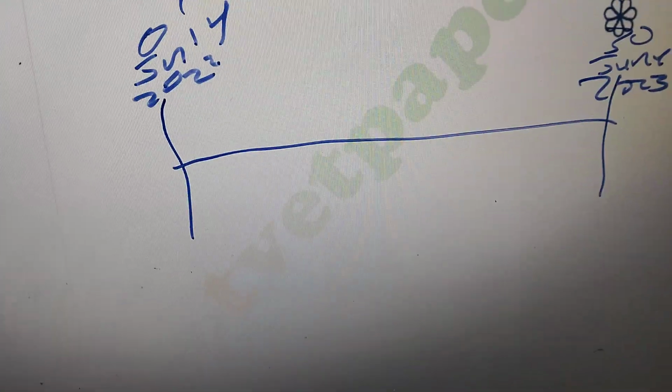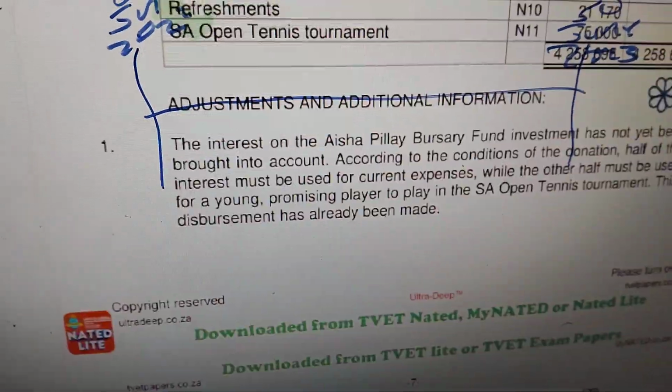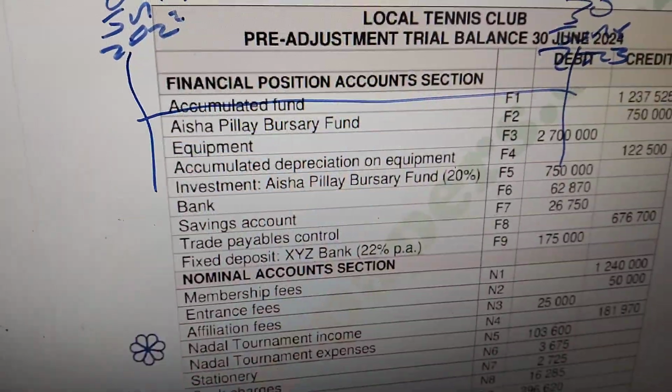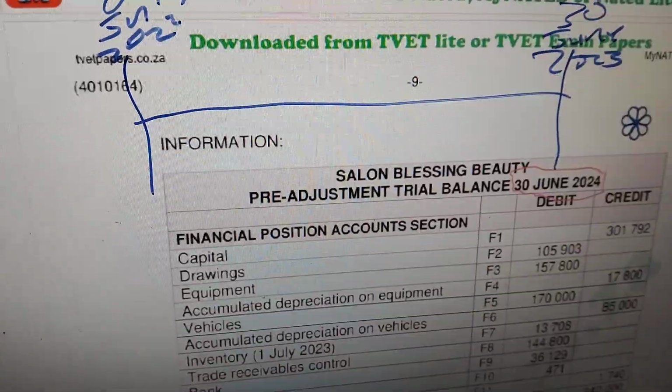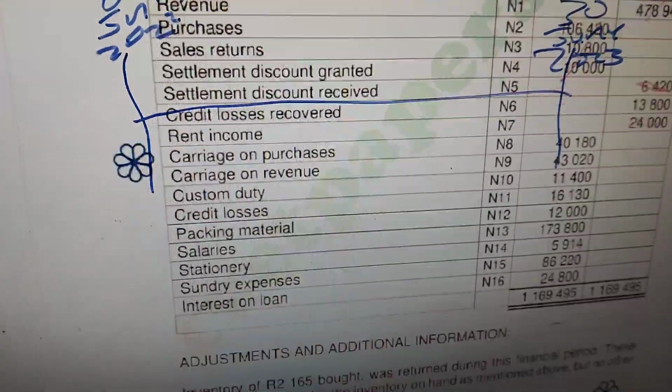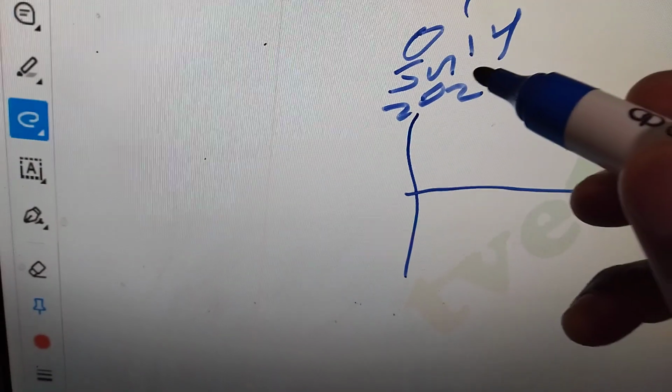Let me go and check. The financial period is when? 2024. Okay, so it's 2024 here. June 2024 is 4 here, then here is 3.